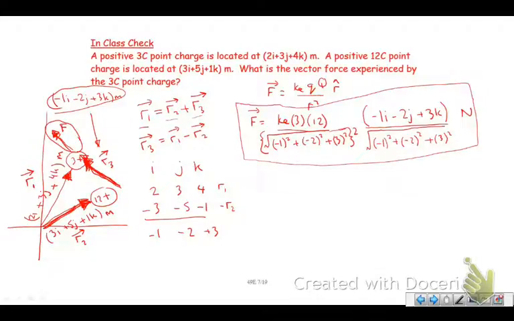If it drives you crazy, I don't mind if you go, F is equal to 36 KE over, and that's going to be 1 plus 4 is 5 plus 9 is 14. 14 times minus 1i minus 2j plus 3k over the square root of 14 newtons.